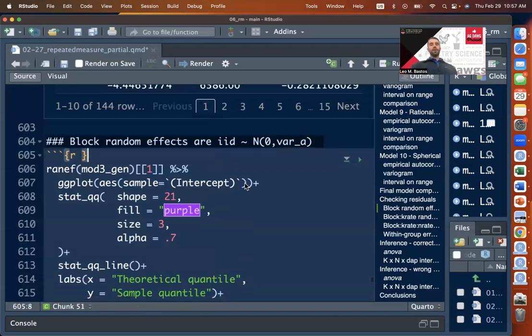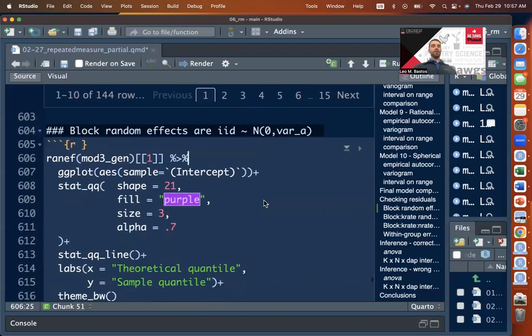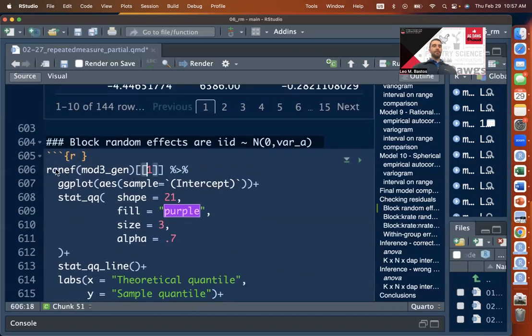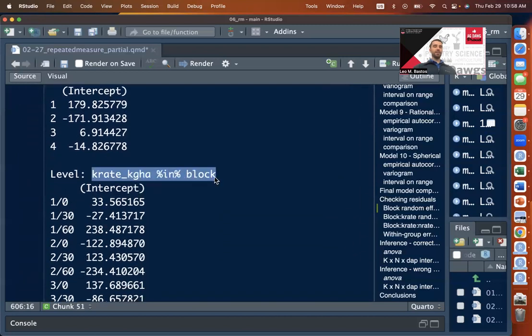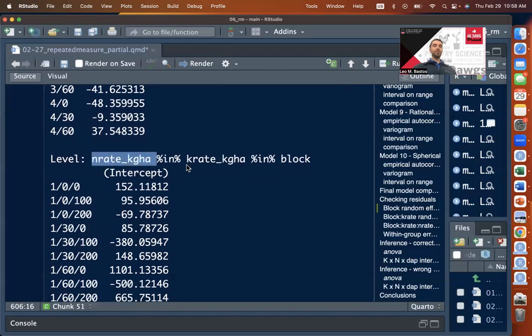Because this is a split plot RCBD, we used this runf function before. If I run this by itself on the model object, we get the random effects of the block, of the potassium rate inside a block, and of the nitrogen rate inside potassium rate inside block. Here we did not have this level before.